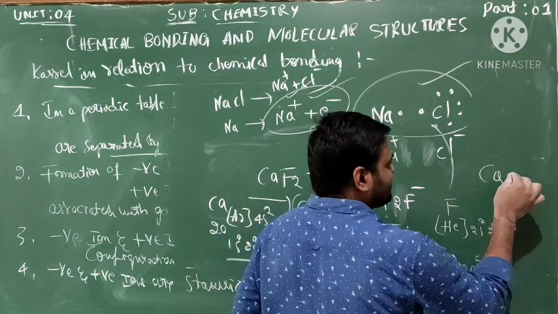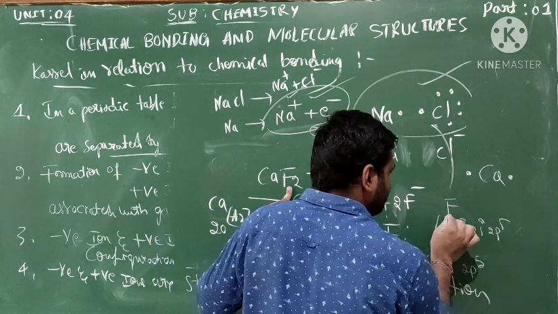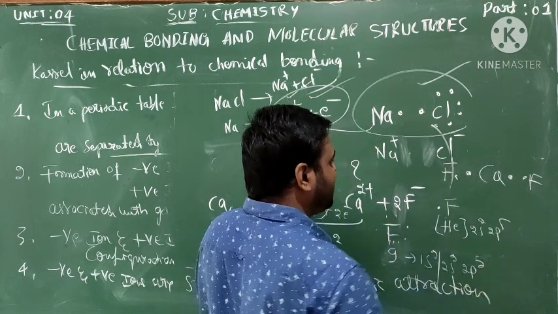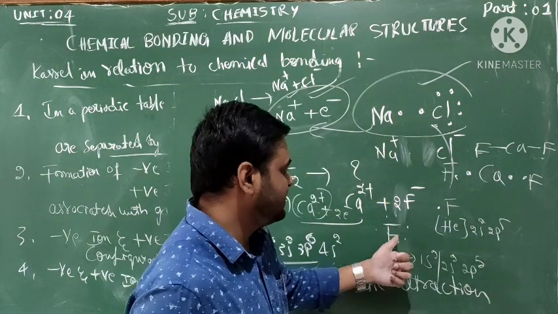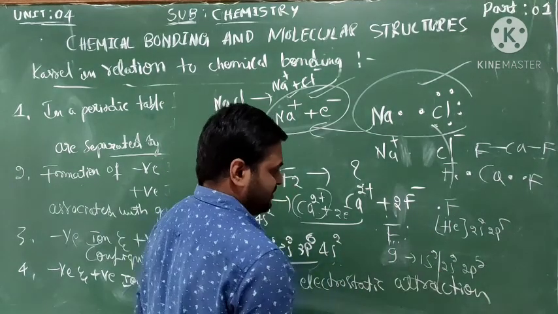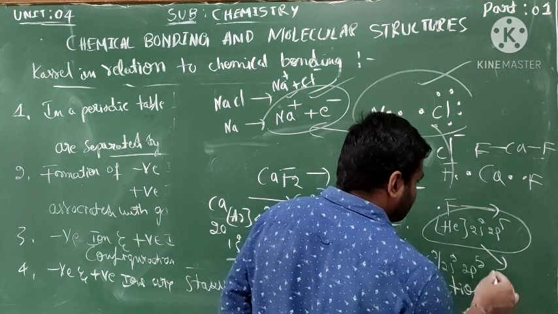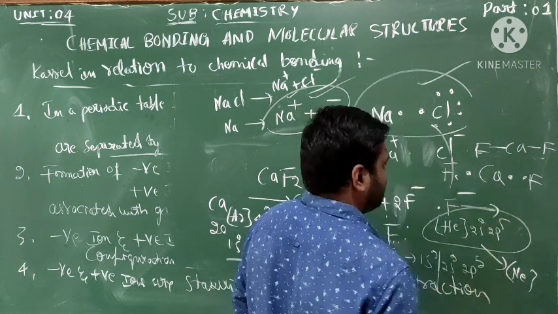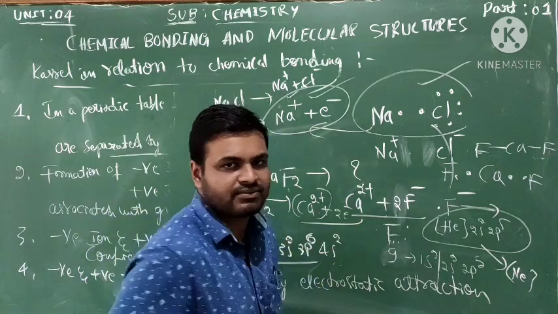So calcium has 2 plus charge, fluorine 1 minus charge, and they combine to form the bond CaF2. The fluorine gains 1 electron to complete the octet rule, getting helium 2 plus 6, which is the neon configuration. Then it becomes F minus. That's why the 2 fluorines are written as 2F minus.